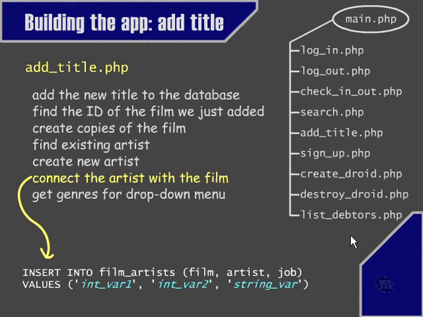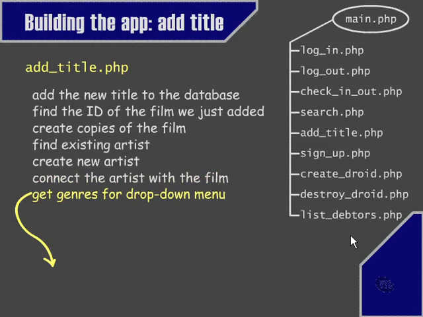I believe it's actor, director or writer. So using this query we connect the artist that we've included within our HTML form with the film that we've just added to the database. Finally, another very simple query is needed within this script that I've just added for the sake of completeness, which is simply to select the ID and name from all the entries in the genres table.